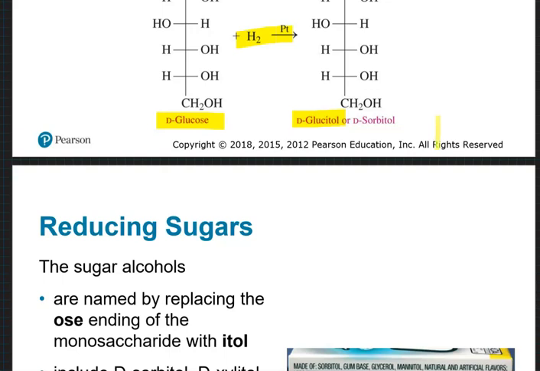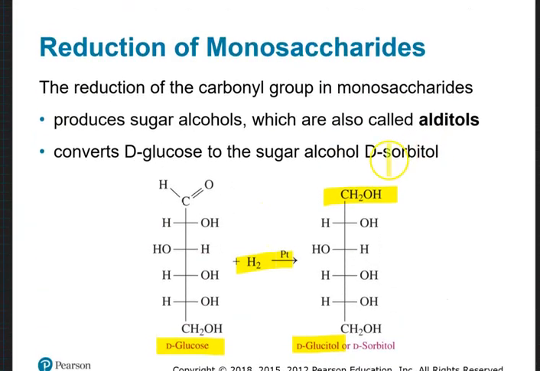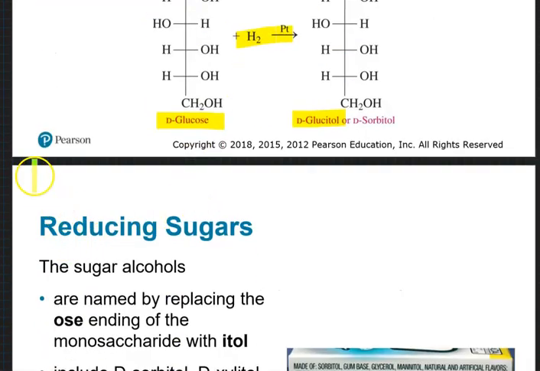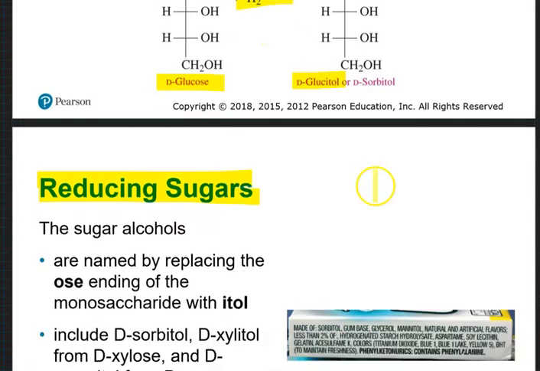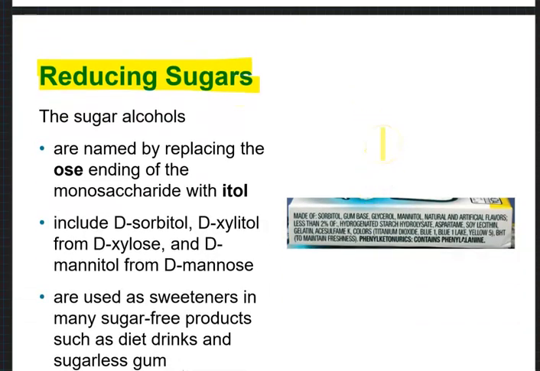And the use for these sugar alcohols, which can be derived only from aldoses, only from so-called reducing sugars, okay, they're used as sweeteners. So glucose, obviously, is sweet.